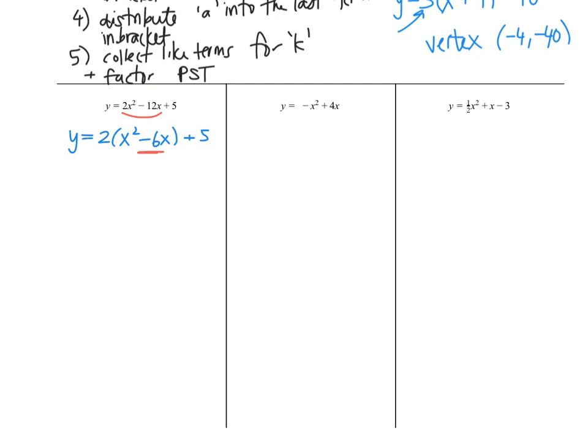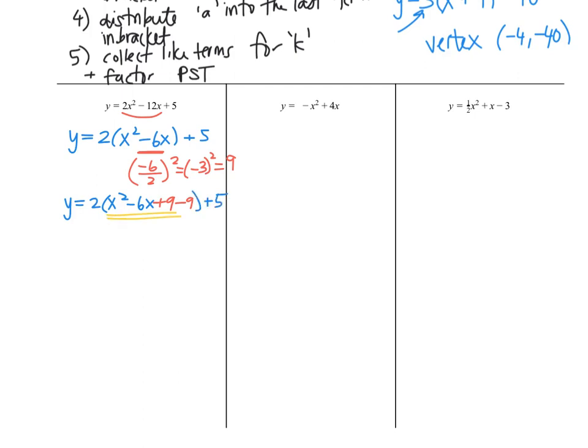So now we're going to take this coefficient, this negative 6, divide it by 2 and square the value. Negative 6 divided by 2 is negative 3, and when you square that, it will be positive 9. So the whole purpose of that was to add and subtract it to our bracket. So I'm going to add 9, subtract 9.